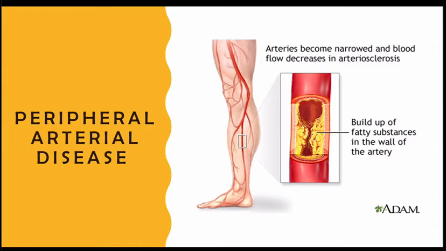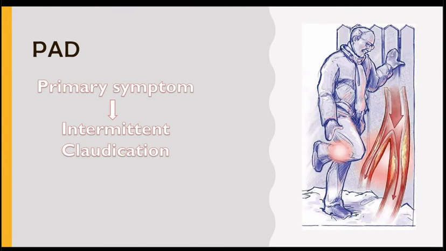Specifically, the ability to deliver oxygen and nutrients to the downstream tissue will be limited when there is plaque narrowing the lumen. So then when we look at the symptoms of peripheral arterial disease, they make a lot more sense if we're always keeping the function of the blood delivery in mind.